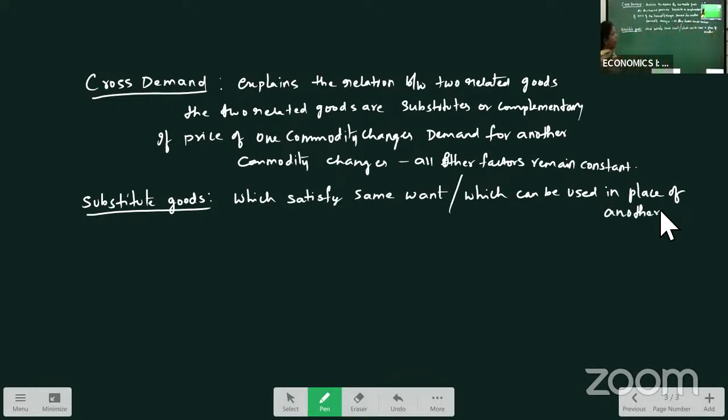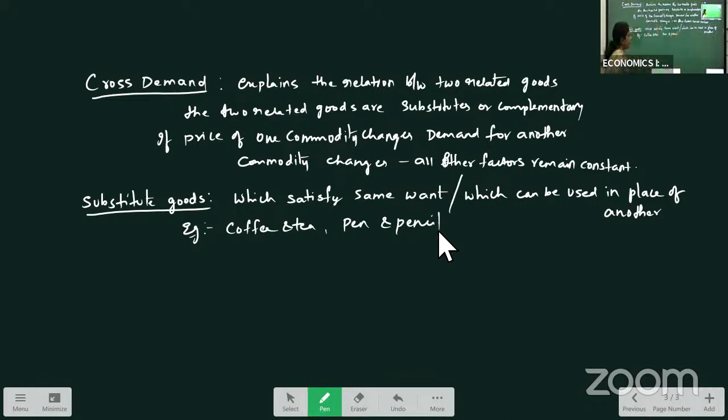Instead of one, we can use another commodity. Those goods are called substitute goods. Give an example compulsorily in your 2 marks question here. We can take coffee and tea, or pen and pencil.